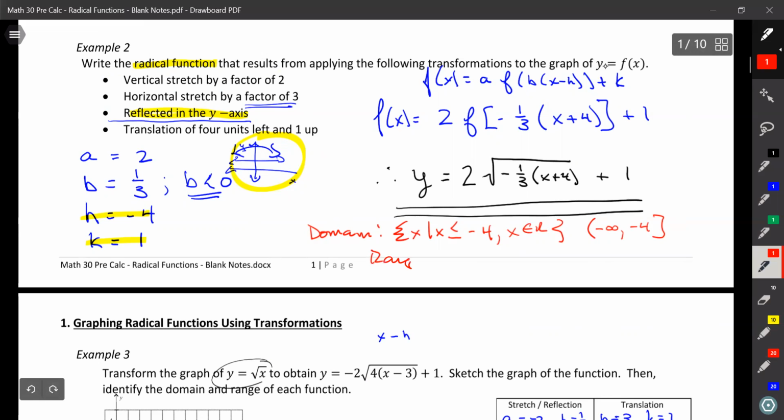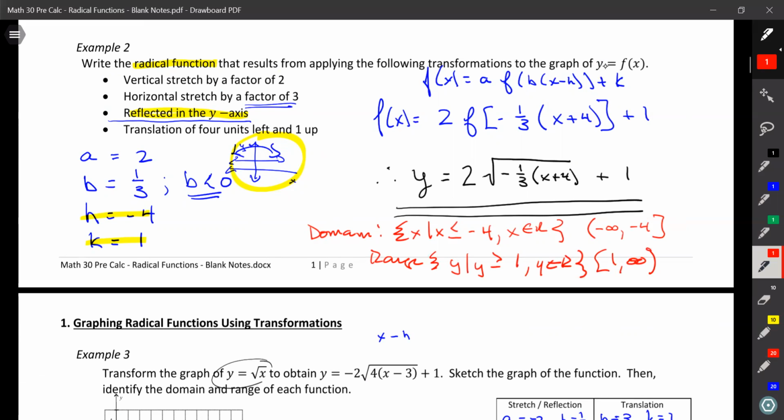And the range, in this case, y such that y and the range value is the k, which is 1. Because there's no reflection, this one will be greater than or equal to 1, y element reals, or 1 to infinity.